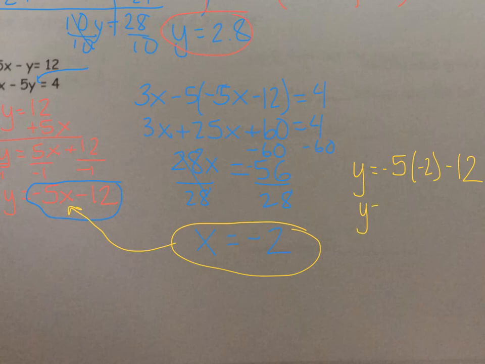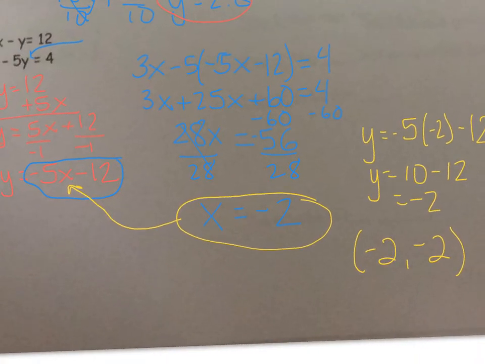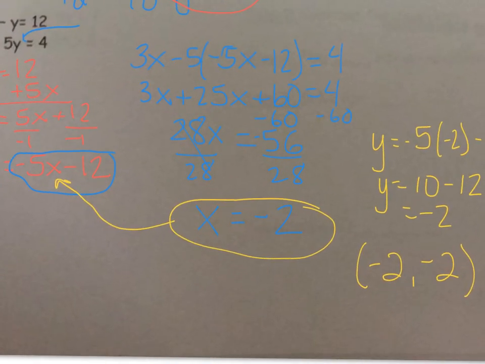Y equals 10 minus 12, which is also negative 2. So we've got the solution, (-2, -2). Fabulous. Take a look, pause, reflect, see how you're doing before we go on.